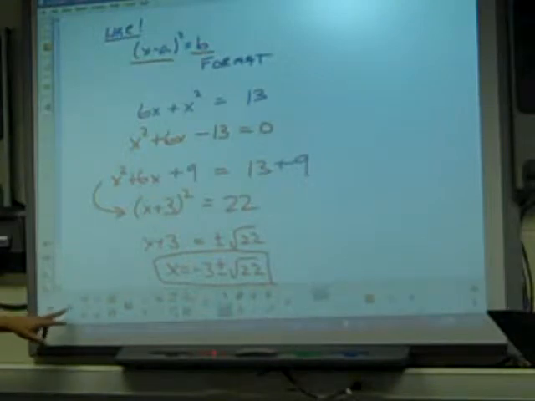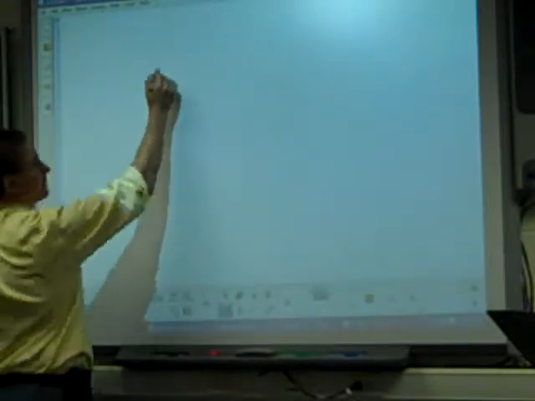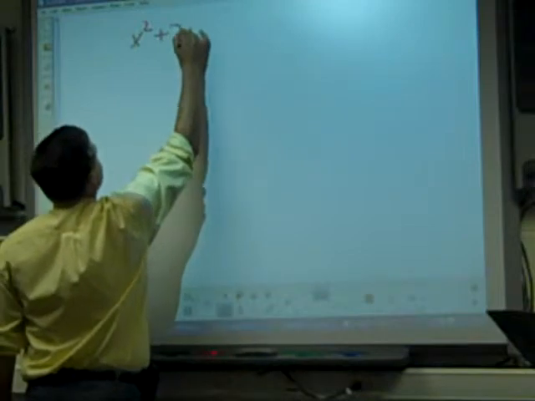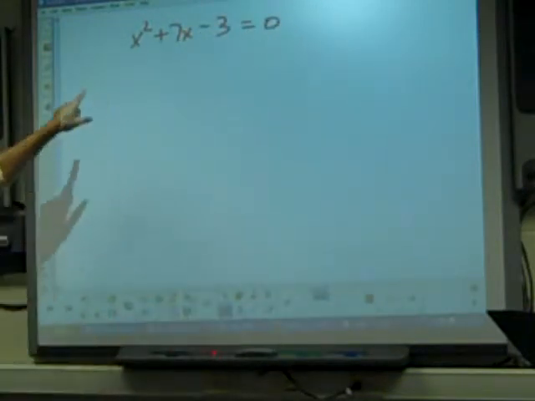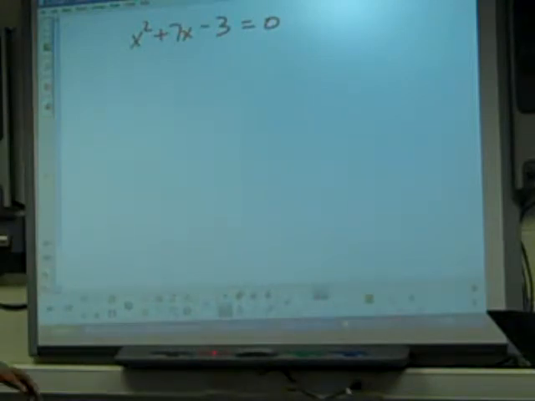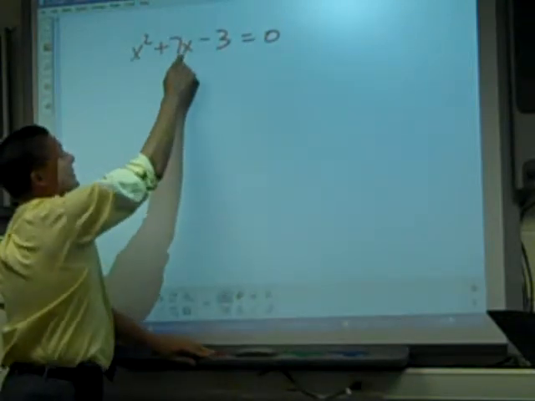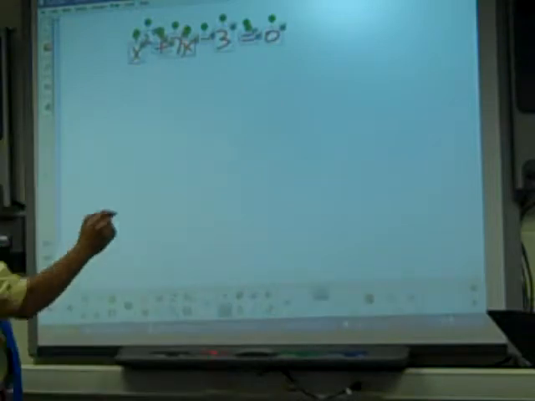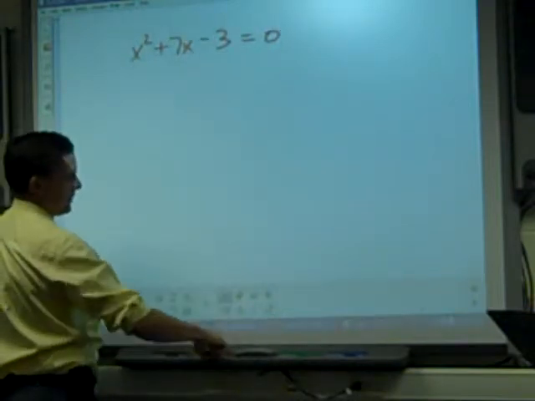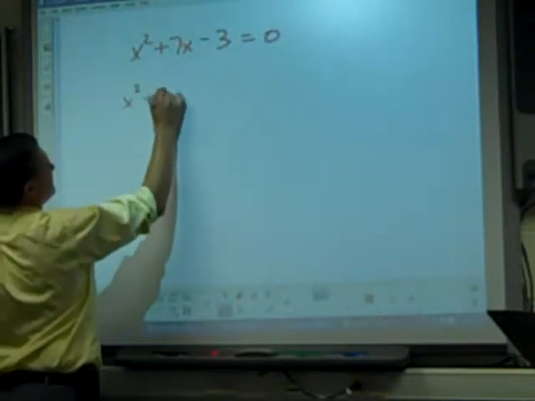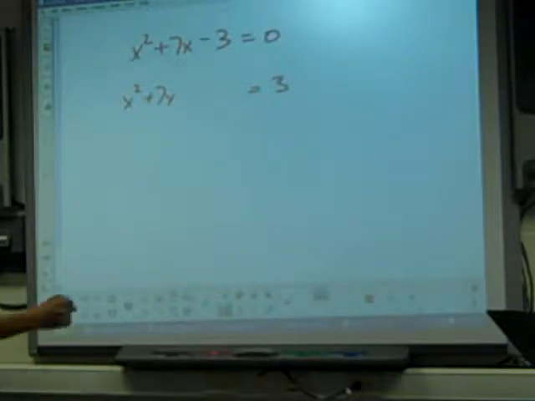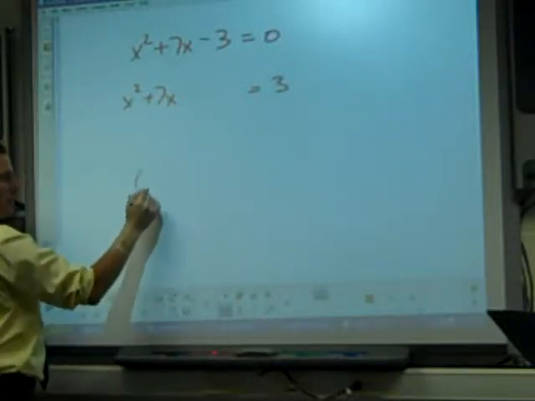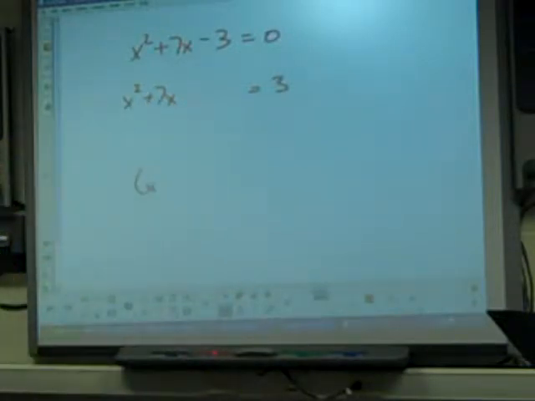So when we get ones that aren't integers, and again, first thing I do is I look at x squared plus 7x minus 3, and I ask the question, is it factorable? No, it's not. So I send the 3 to the other side.